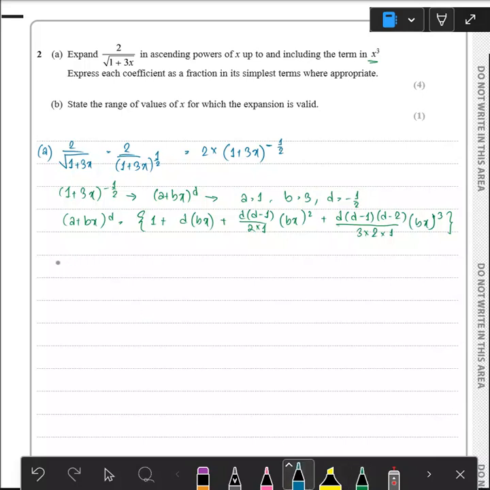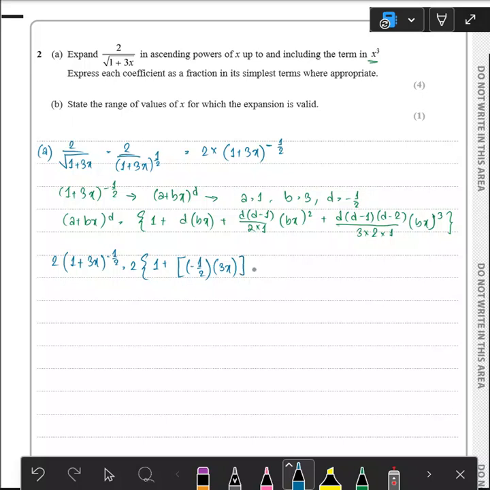Now, there is also 2 in front of the 1 plus 3x to the power negative half, so don't forget to write that. At first I will write the 2 and then bracket. The first term will always be 1. Plus d, here d is negative half, so we will write negative half multiplied by 3x, since b is 3.